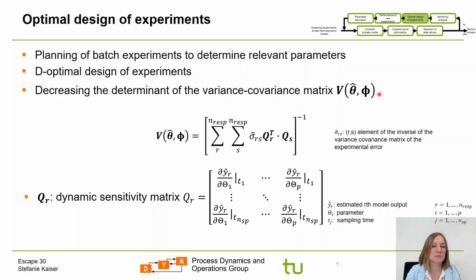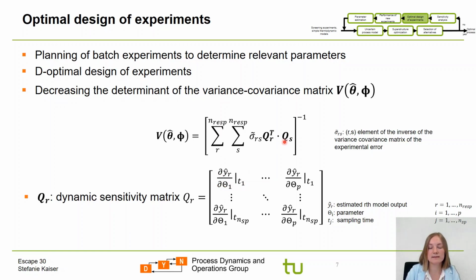We use a D-optimal design of experiments where the determinant of the variance-covariance matrix is decreased. The formula for this matrix is shown here, where Q_R is the dynamic sensitivity matrix, which consists of the derivatives of the model output R to the parameters at the different sampling times.